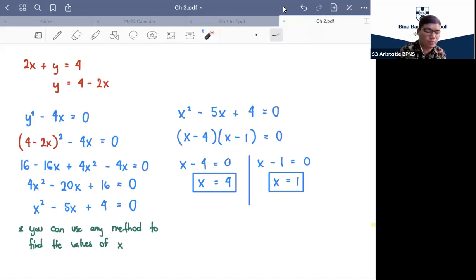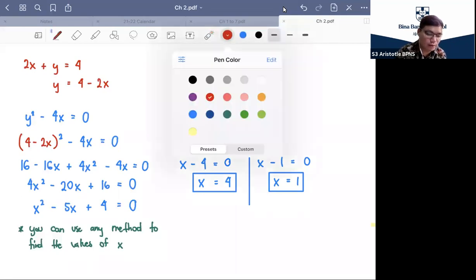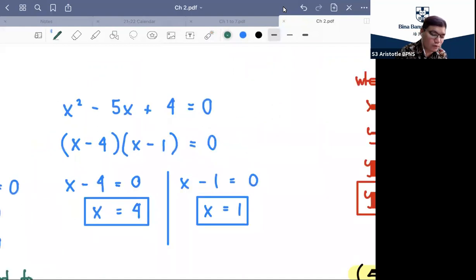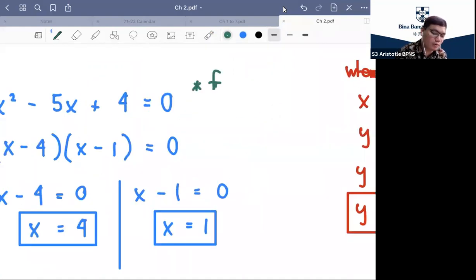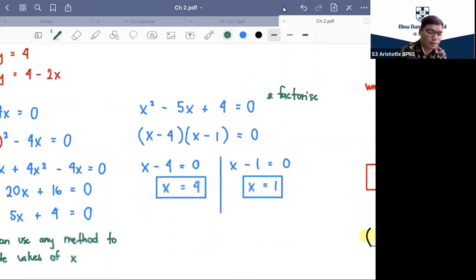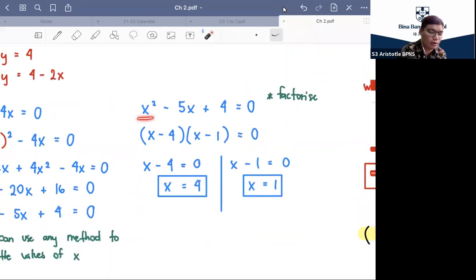All right, so basically, how did I factor this out? So factorize. Wait, let me just write it here. What I did here, of course, is I factorized this one. When you factorize this, since this is equal to 1, what are the factors of 4 that when you add them, it's negative 5?